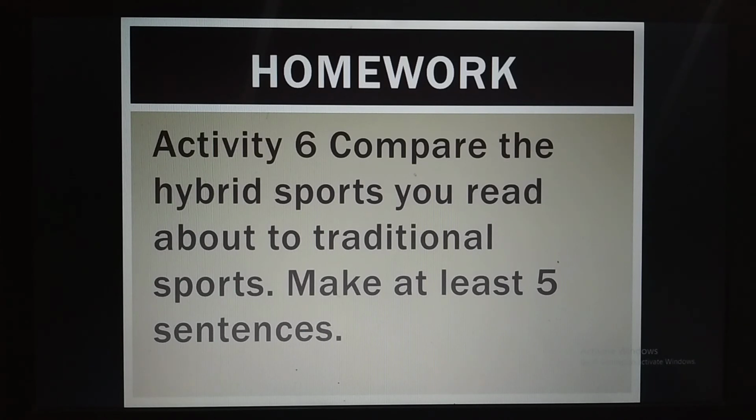So you have to compare the hybrid sports that we read about in the discussion to traditional sports. Traditional sports are the original sports that we have. So you make a paragraph, at least 5 sentences. Okay, so that would be all for today.